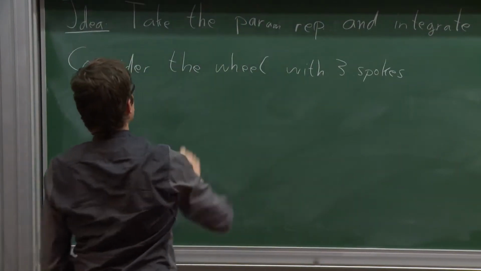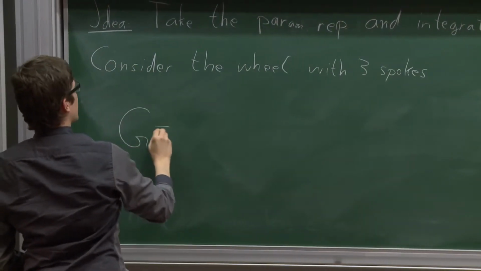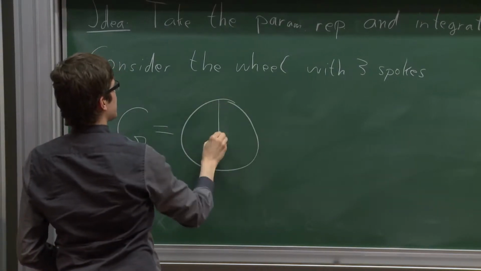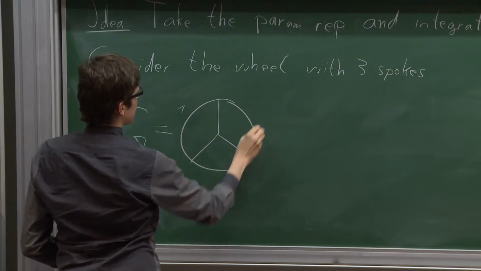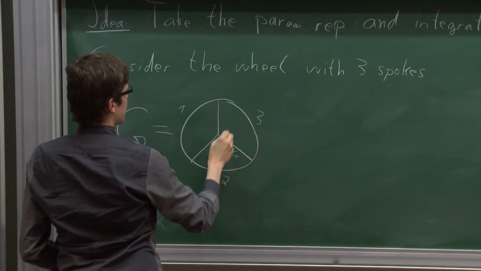So what was the wheel? It is this graph. It is a wheel with 3 spokes. Let's call these edges 1, 2, 3, 4, 5, 6.